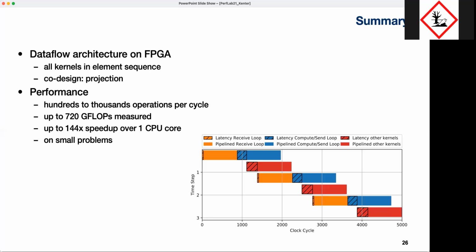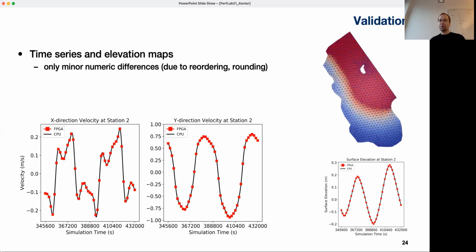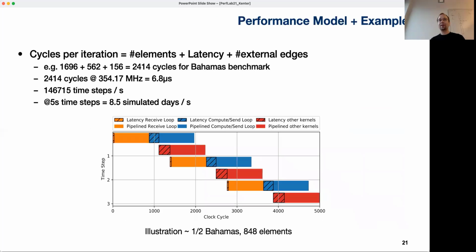I was wondering, did I understand you right that the OpenCL implementation mostly uses these slices and the RAM, correct? Yeah, well, you have seen that also quite some logic utilization is there.